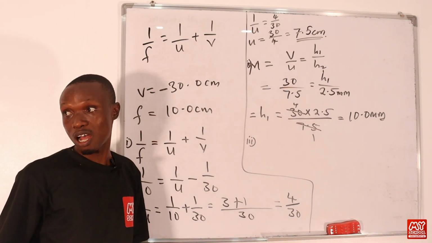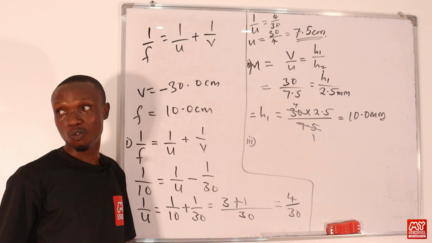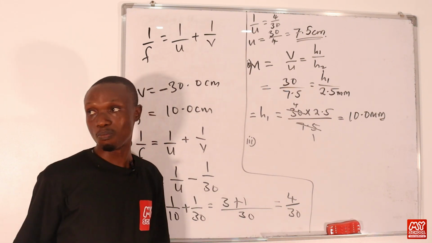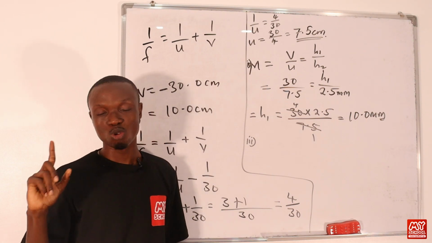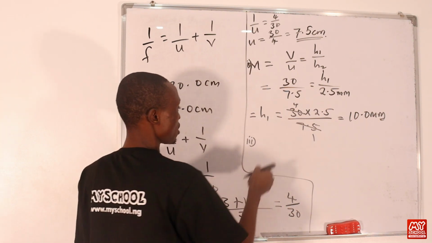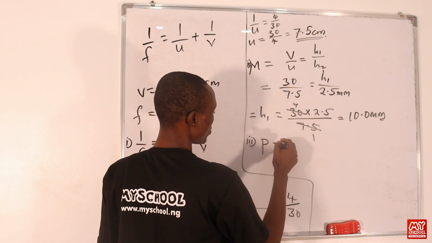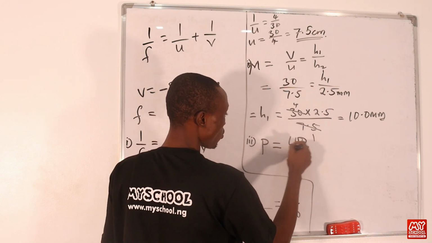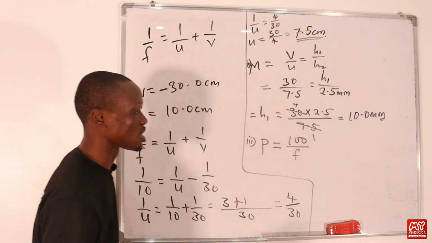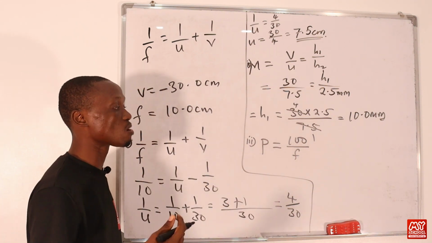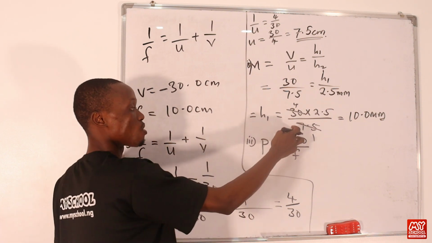For the third one, we are asked to calculate the power of the lens. But for this question, the focal length is given to us in centimeters. So in that case, the power of the lens here is going to be 100 all over f, because the focal length is given to us in centimeter. Now, had it been given to us in meter, then here would have been 1.